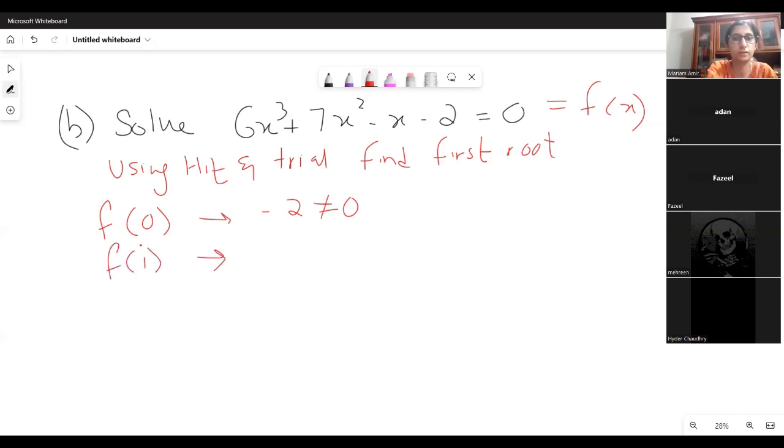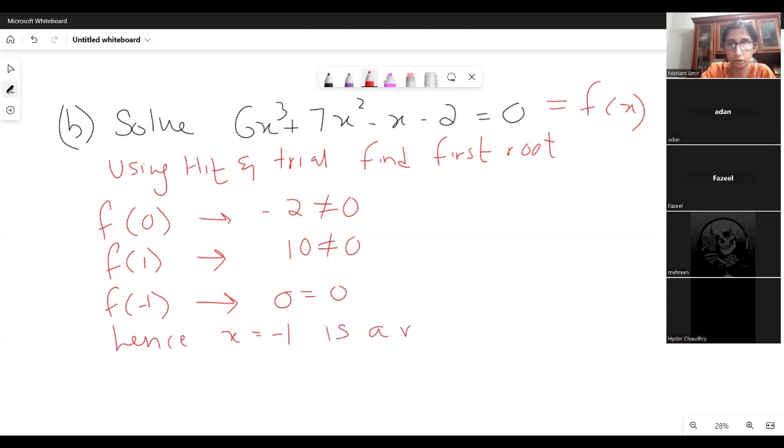f(1) would be 6 plus 7 minus 1 minus 2, which is 10, which is not equal to 0. And then f(-1), you're saying, gives 0 equals 0. Hence x equals -1 is a root, that is, x plus 1 is a factor.